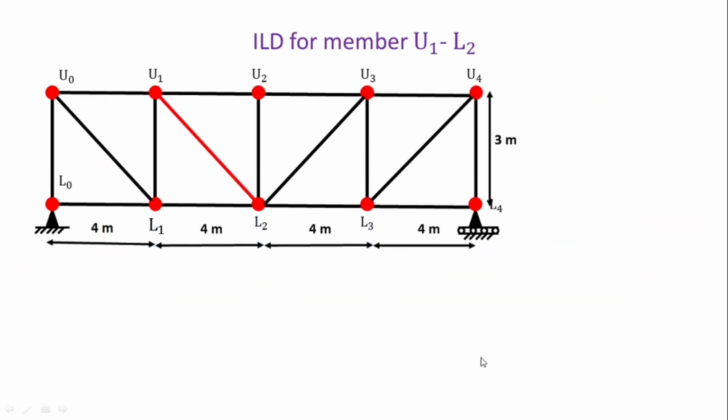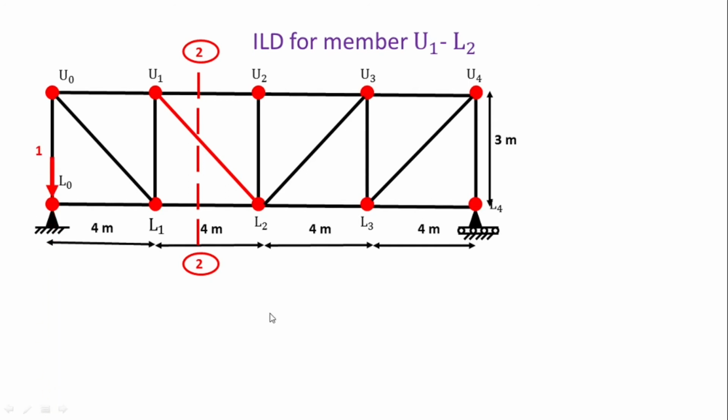Now, the ILD for the member U1, L2. Again the same procedure, that is apply the section, section 2. The section should not cut more than 3 members. Here this section cuts the U1, U2, U1, L2 and L1, L2, the 3 members.